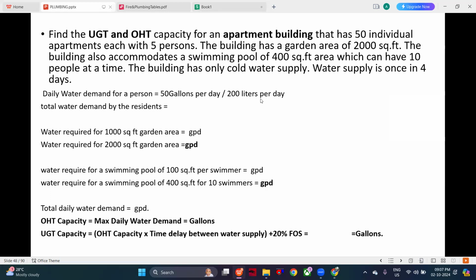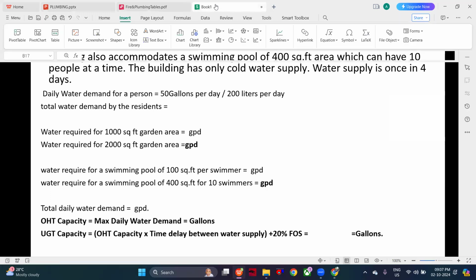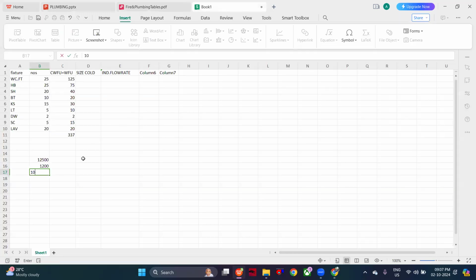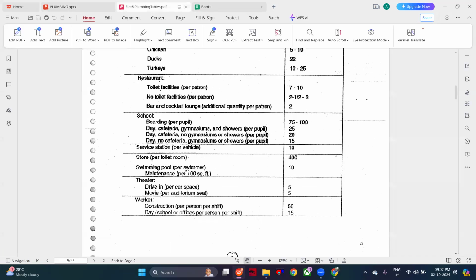So 10 into 10 is 100, and that is given per 100 square feet.